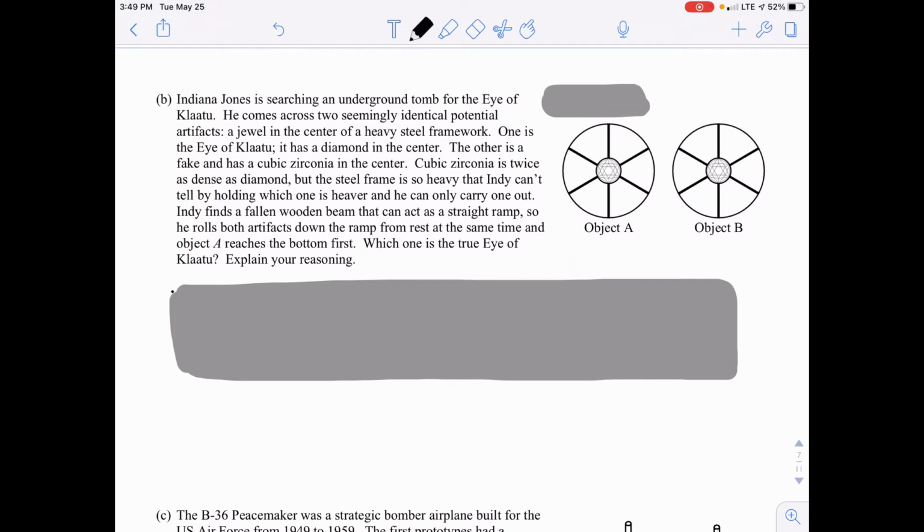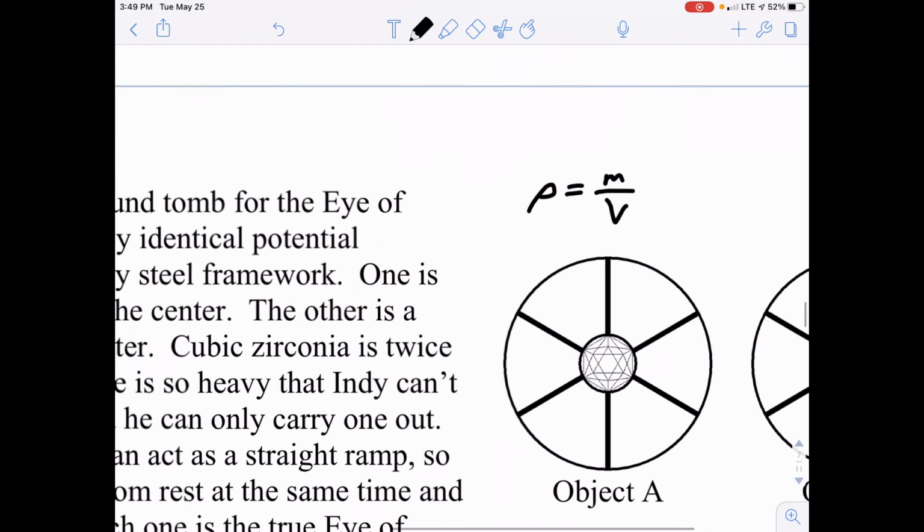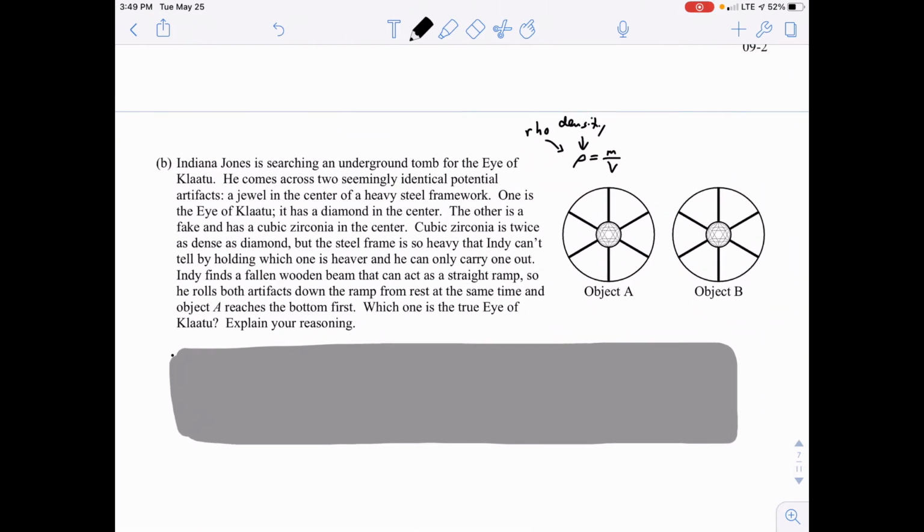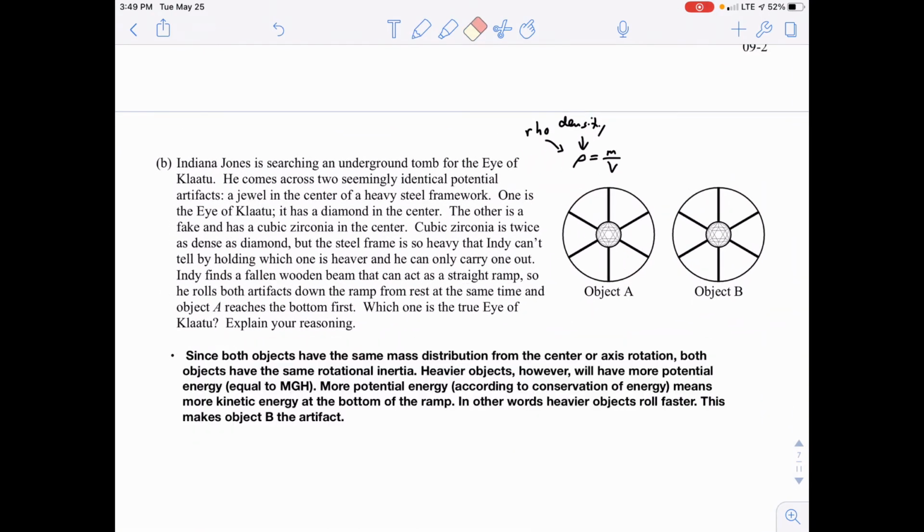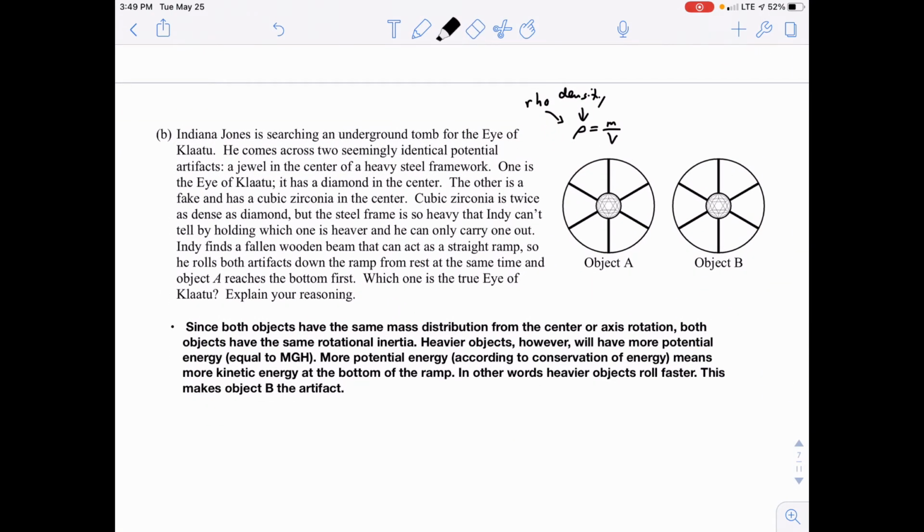Explain your reasoning. Well, recall that density is this variable rho, Greek letter rho, and it's equal to an object's mass divided by volume. Since both objects have the same mass distribution from the center of rotation, both objects have the same rotational inertia.